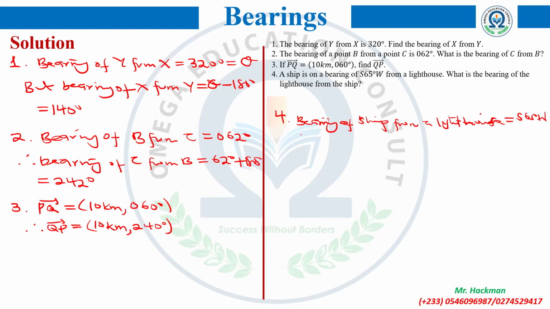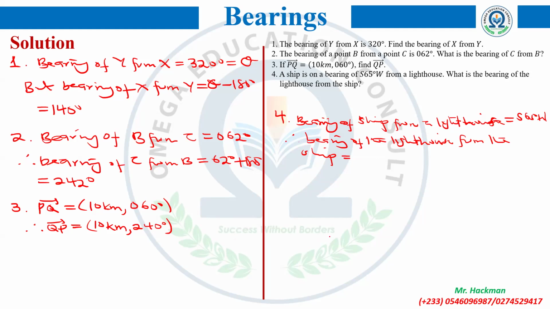And please take note, if you want to find the back bearing, which is the bearing of the lighthouse from the ship, are you following? Yes, please. When you are dealing with compass bearing, anytime you are asked to find the back bearing, this is the trick.